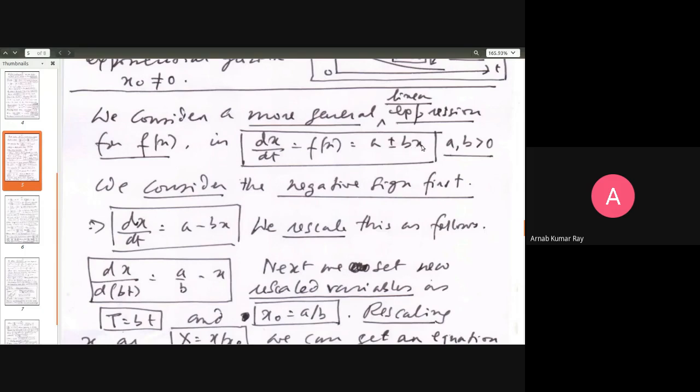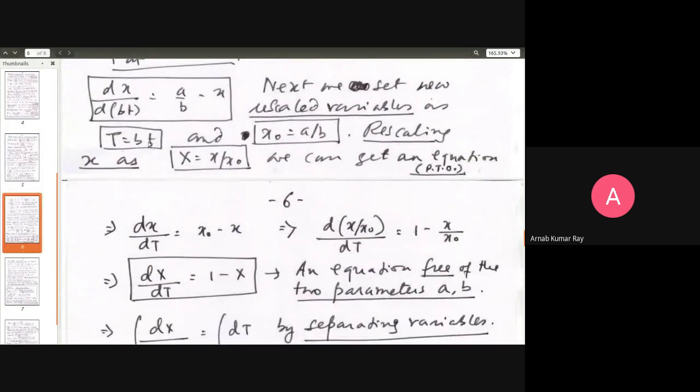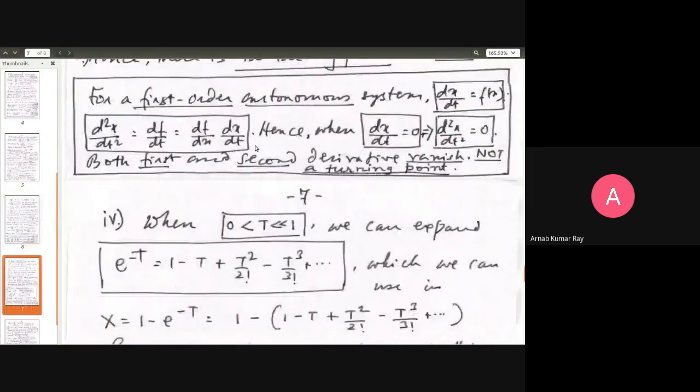For dimensional compatibility, b must have the dimension of 1 upon t. On both sides, if you have to balance, b must have the dimension of 1 upon t. And so capital T will be equal to b, which has the dimension of 1 upon t, into t. So overall, this is a dimensionless quantity, b into t. So b has the dimension of inverse time, right?